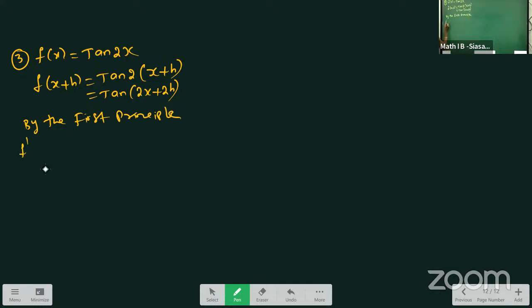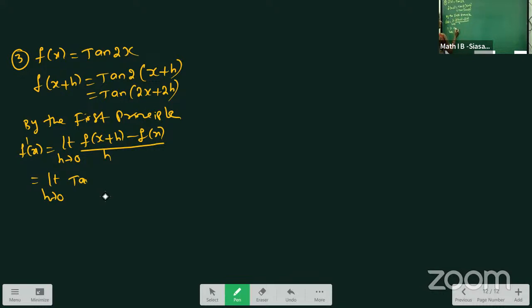Now apply the formula, we have to do it by the first principle. The formula: f dash x is equal to limit h tends to 0, f of x plus h minus f of x by h. So substitute: limit h tends to 0, f of x plus h, that is tan of 2x plus 2h, minus f of x, that is tan 2x, by h. Like previous questions, it is in the form of tan of something minus tan of something.